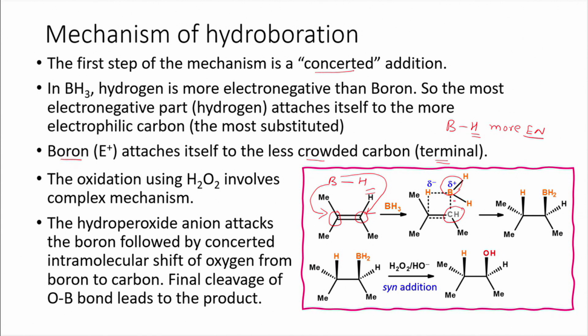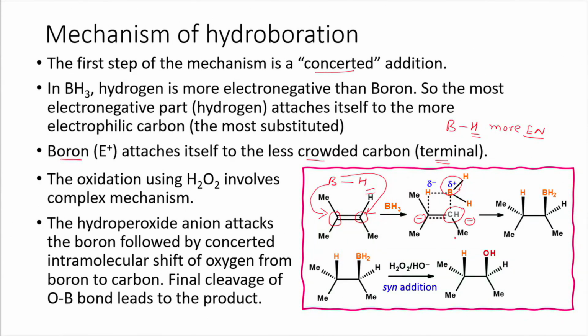Now, the question will come, why does boron add to the less substituted carbon atom? Because if you look at the charge, this carbon is not as negative compared to the other carbon. When we look at two carbon atoms and ask which can stabilize a negative charge better, the less substituted carbon atoms are more prone to stabilize a little bit of negative charge, especially in the case of double bonds.